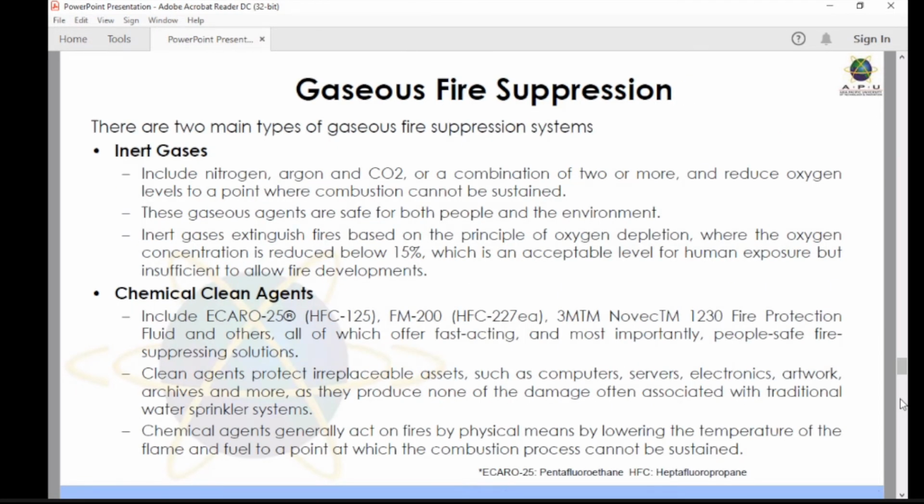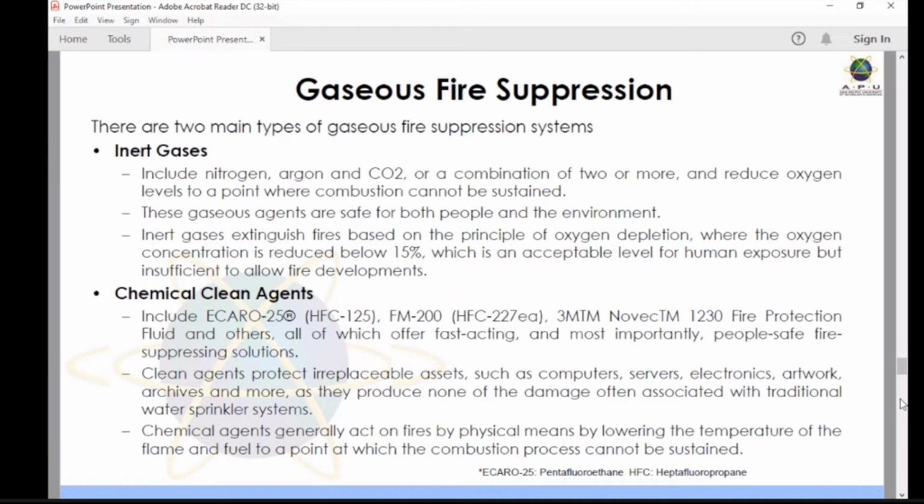So there are two main types of gaseous fire suppression or clean agent fire suppression systems. One is inert gas. If you remember through your chemistry, all those inert gases, okay, which are not very active, inactive. So this type of inactive gases are known as inert gases.